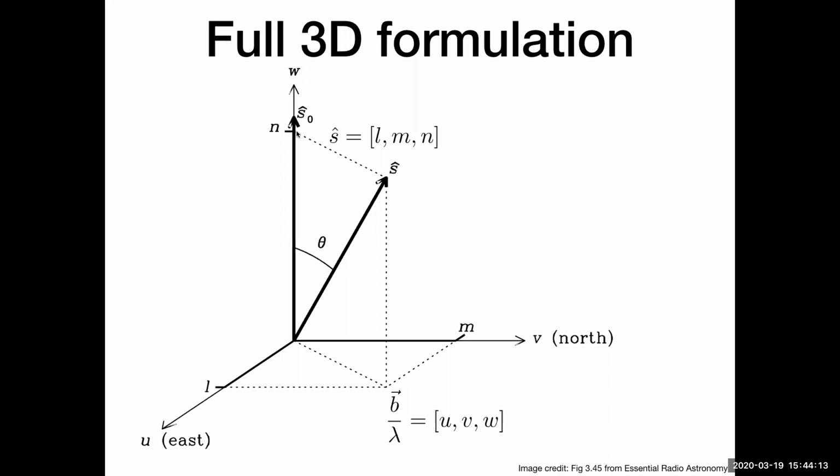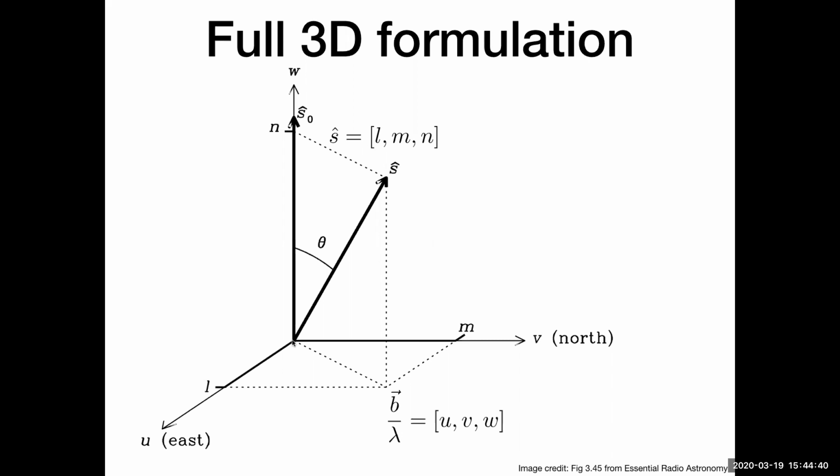It would be the direction at which you pointed your dish. And we're interested in emission that's coming in principle from other directions at the same time. So we have emission coming from different directions S, but we have centered our telescope on a direction S0. And we've defined this S vector in coordinates LMN.